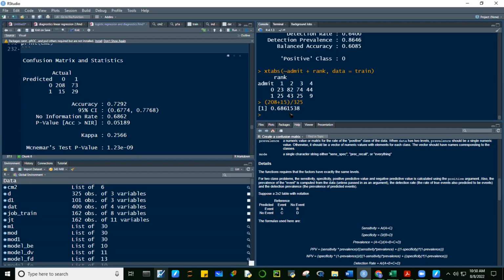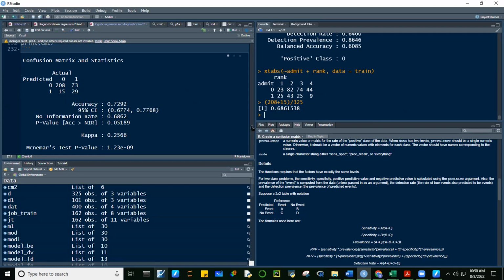So bilangin natin lahat ng hindi natanggap, which is 208 plus 15. Lahat 'to hindi natanggap, so kung i-predict natin na hindi sila natanggap, tama tayo dito, di ba? And then divided by lahat ng i-predict natin, which is 325, then that's your no information rate. Okay? 68.62%.